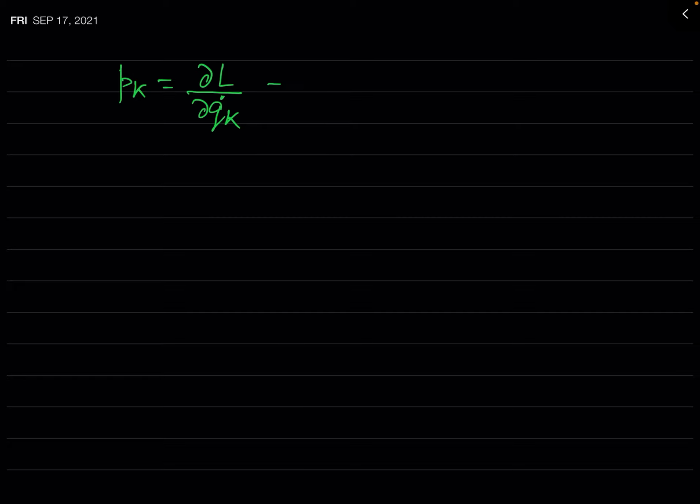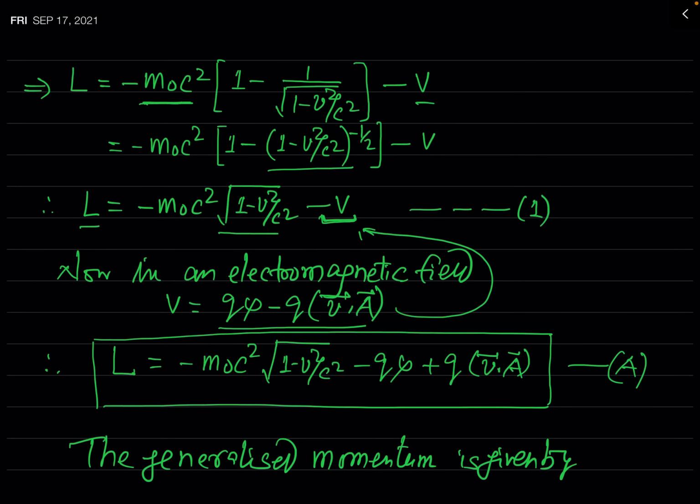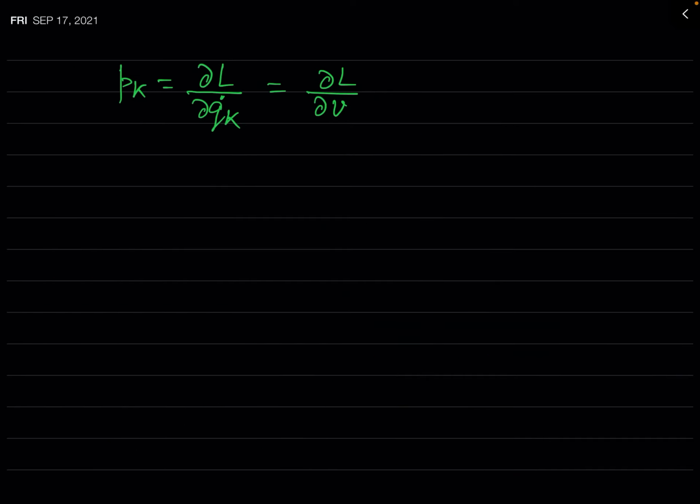Or you may equivalently write it as del L by del V. Instead of qk dot, we have written V here, which represents the velocity. Why have I replaced it? Because in the expression of L we have used the symbol V for velocity, so I have changed the term qk dot to V.